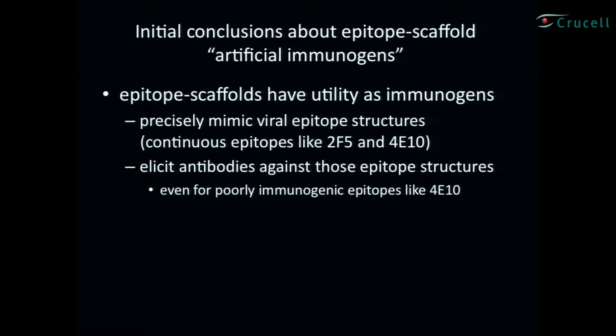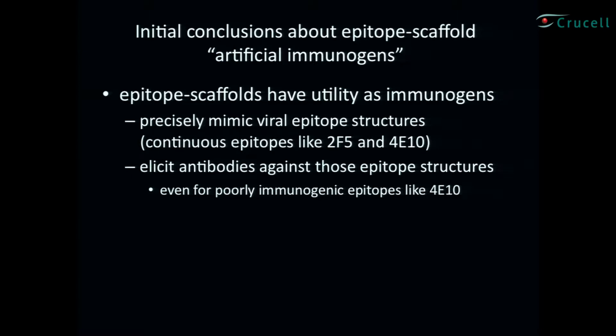So we were quite excited, and so the initial conclusions about these artificial immunogens are that they do have utility as immunogens. They can precisely mimic viral epitope structures, at least we've shown for continuous epitopes like 2F5 and 4E10, and they can elicit antibodies against those epitope structures even for poorly immunogenic epitopes like 4E10.